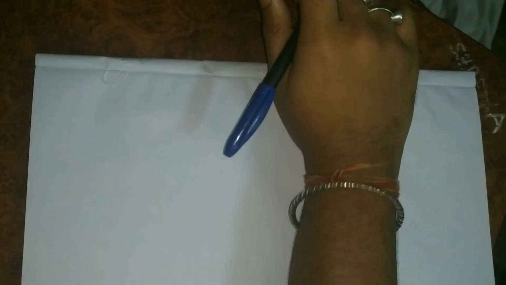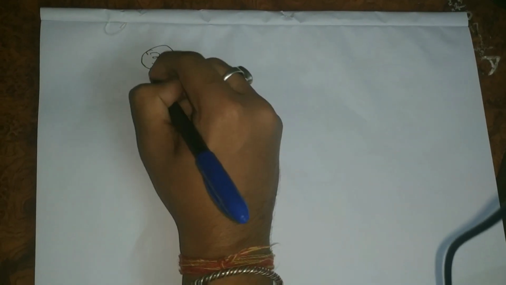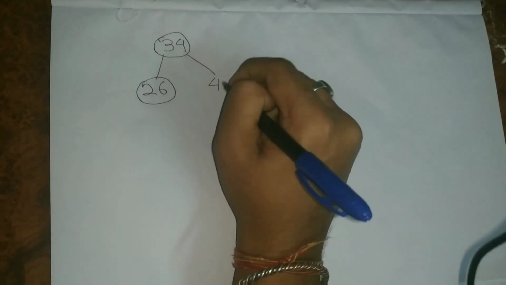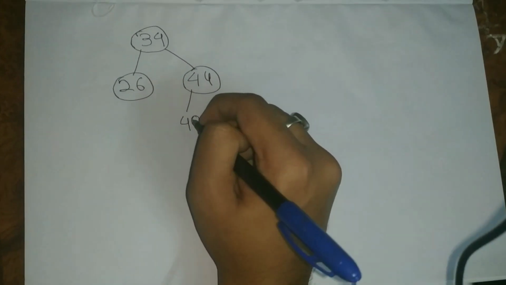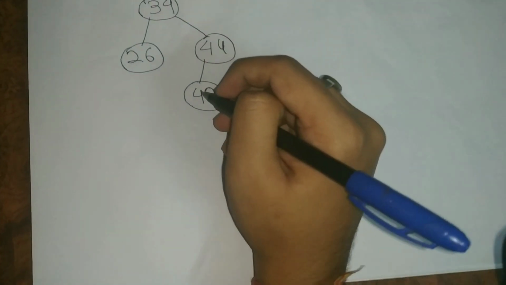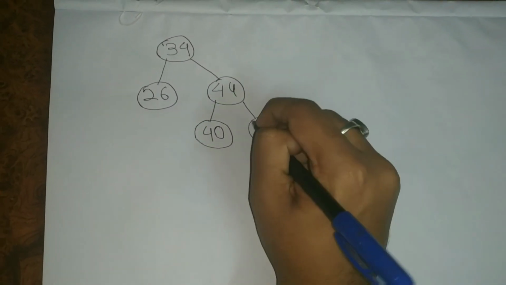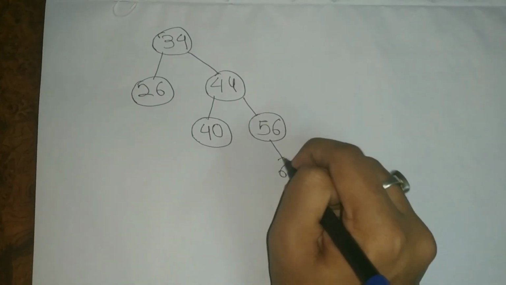It becomes 34, 26, 44, 40, 56, and it will become 65.